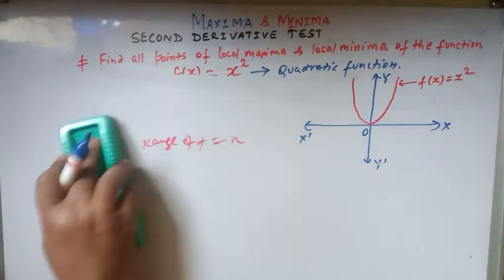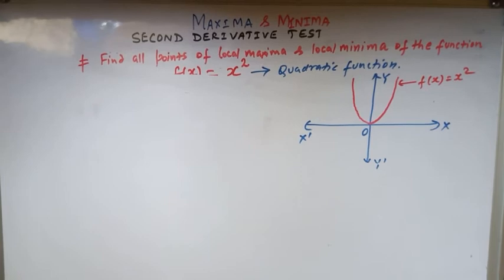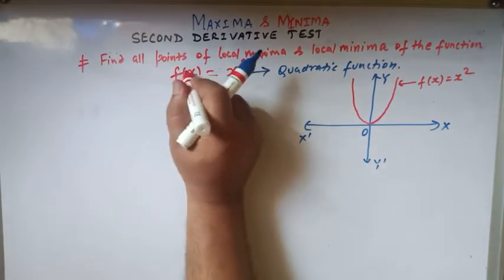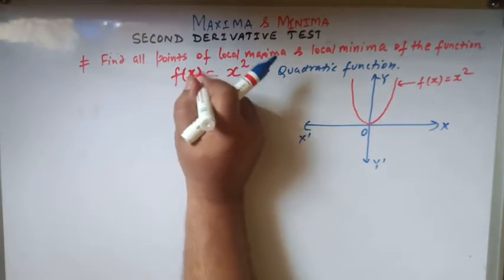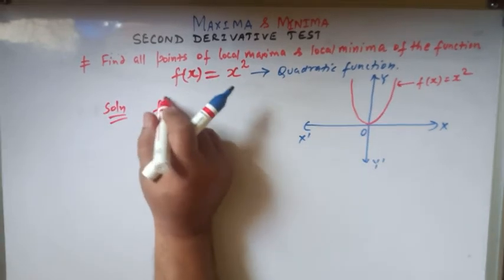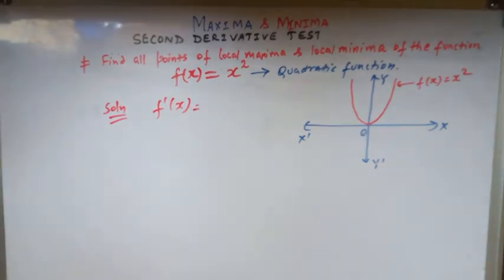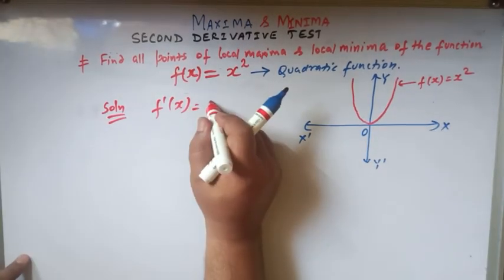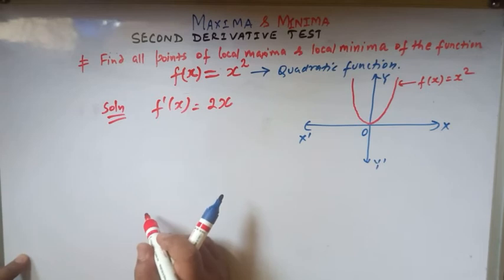So for this we will differentiate this function. So f prime of x is equal to 2x. Okay.